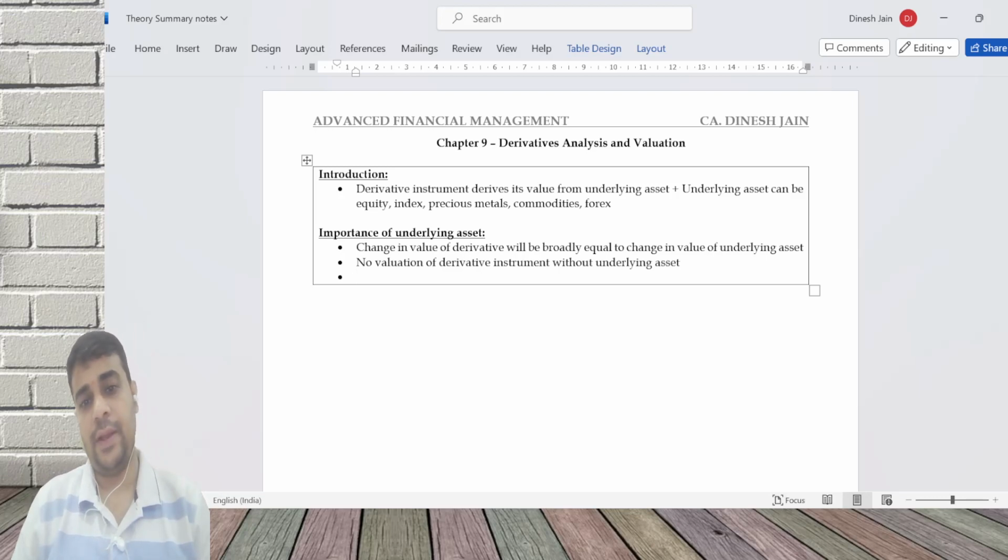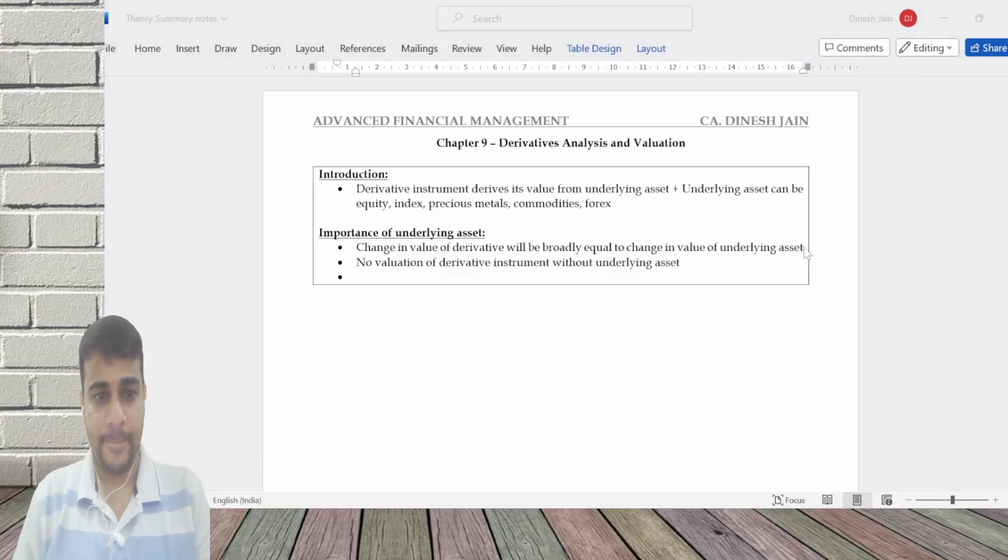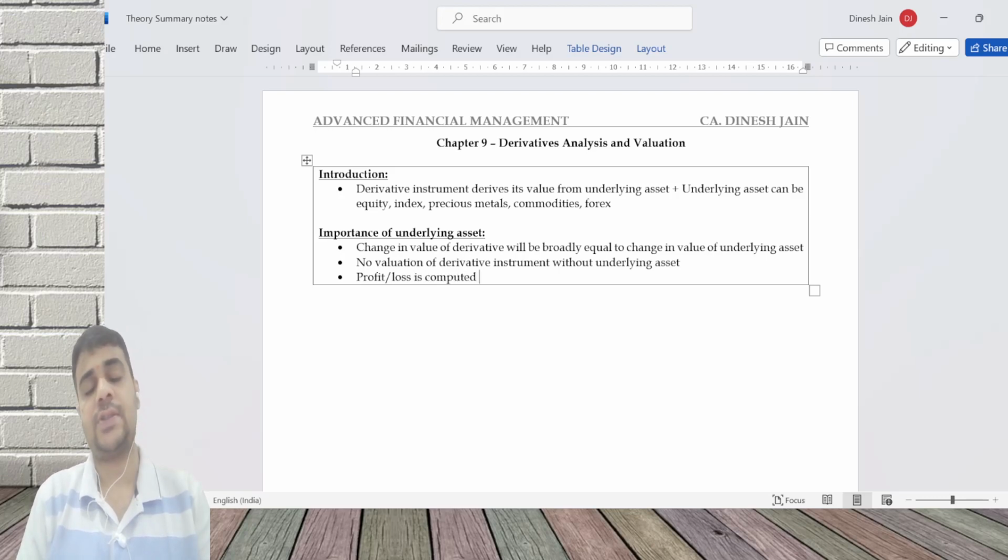Profit or loss is computed on the maturity date by comparing with the contracted price.